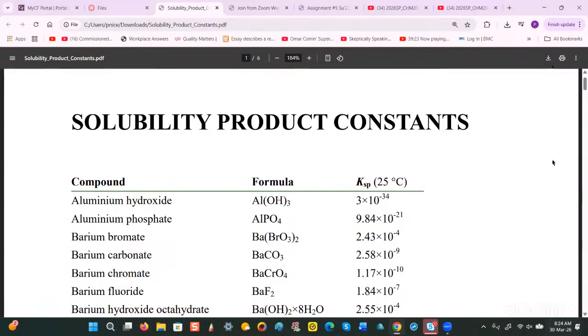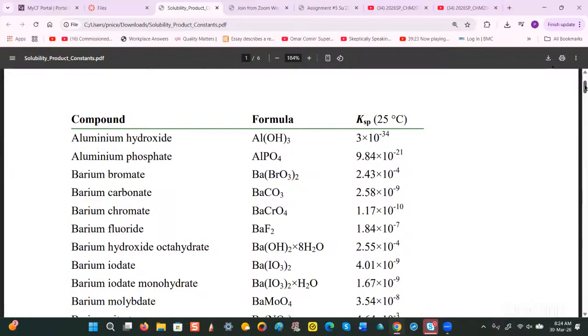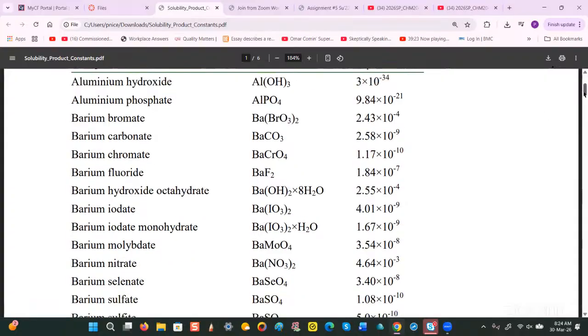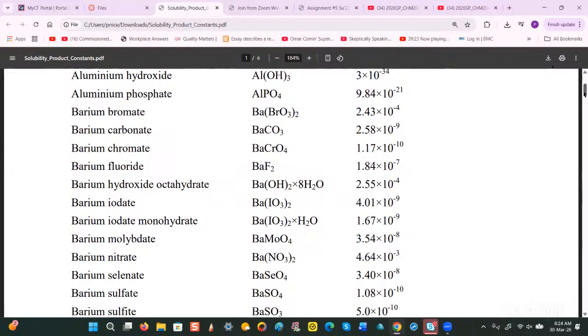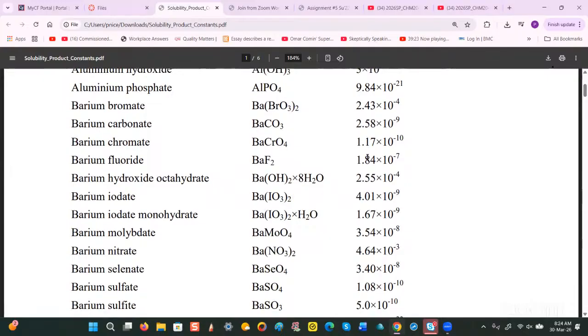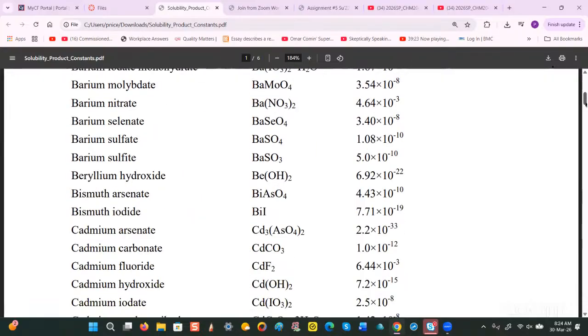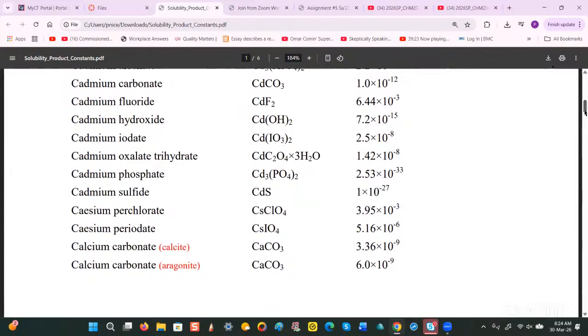values, right? And if you look at all these numbers here, for all these different compounds, you see that they're very low. 3 times 10 to the minus 34. 9.84 times 10 to the minus 21. I think the highest value I've seen here so far is 2.55 times 10 to the minus 4, and that is even small. Actually, this is even larger, 4.64 times 10 to the minus 3. But most of these numbers here are very small, right?